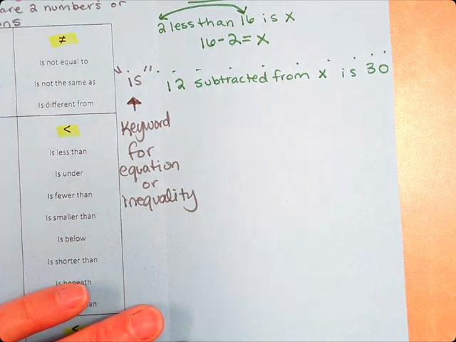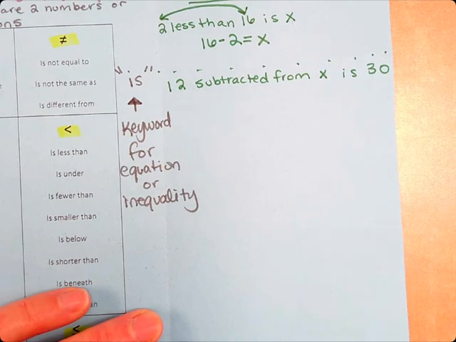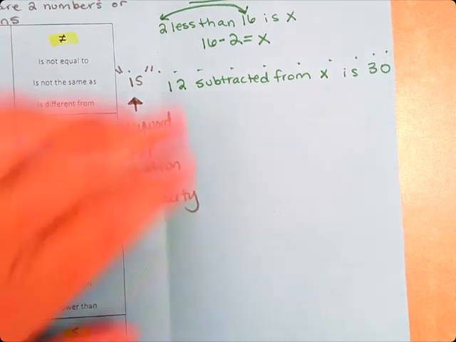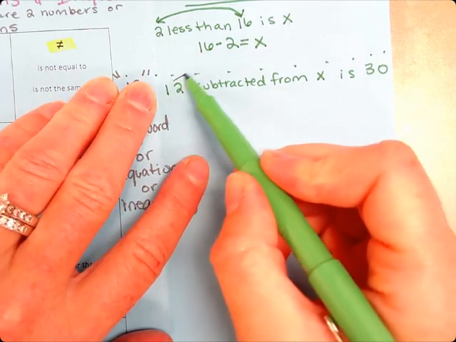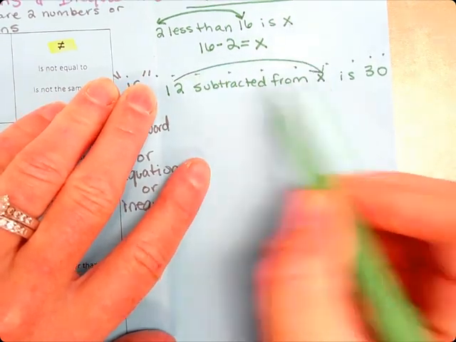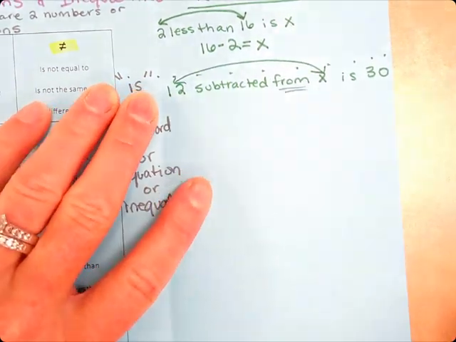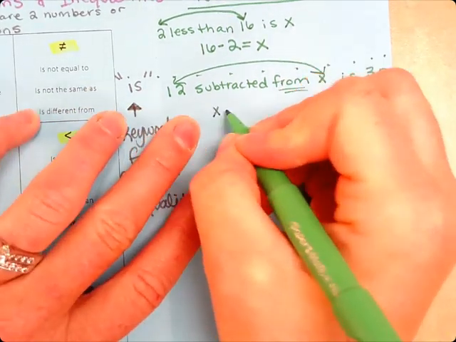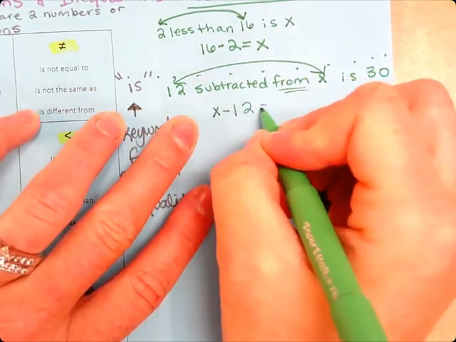So the balance of my checking account, if I say 12 subtracted from the balance of my checking account is 30. So 12 subtracted from x. So the word from is kind of a clue that we are taking it from x. So I have x and I'm subtracting 12 and I get 30.